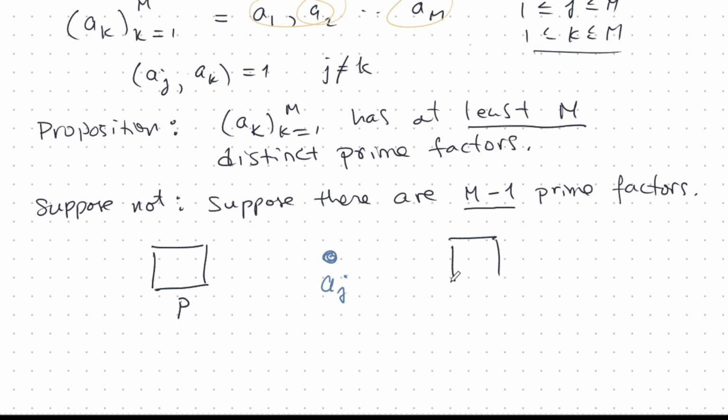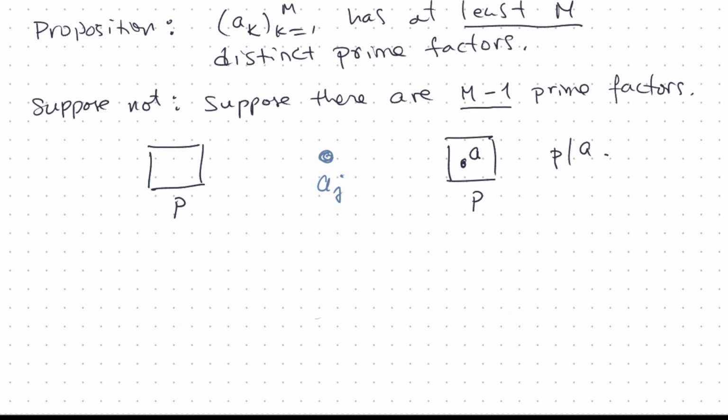So what does this mean? If I have A in here, that means p divides A. Great. So I have some interesting possibilities. If I have two primes, let's say 3 and 5, and I have the number A is 15. Well, in this case, 15 can go in here, but also 15 should go in here.